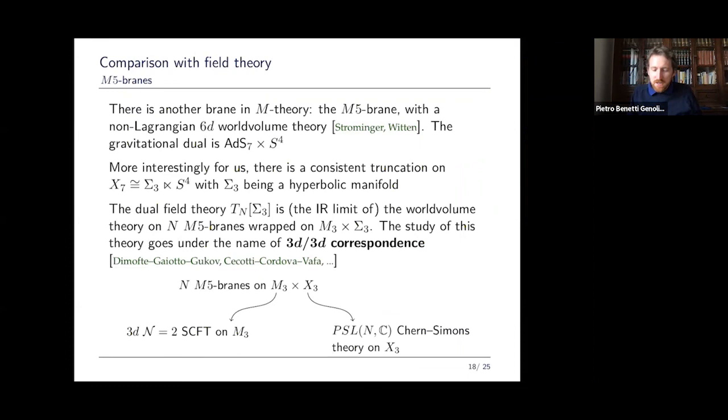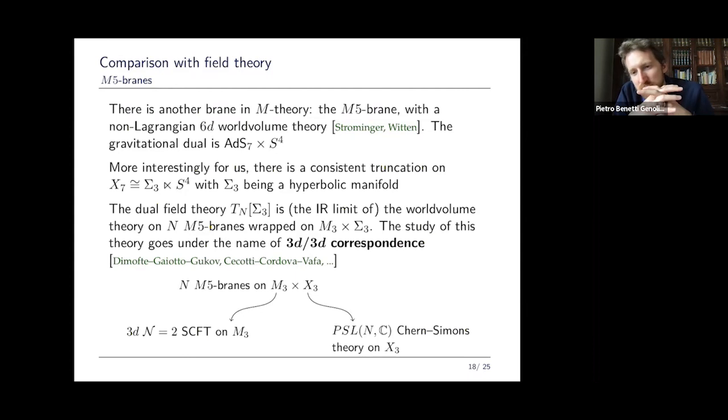So in 3 dimensions, you expect that most theories flow in the infrared, if they were supersymmetric, to strongly coupled supersymmetric conformal field theories. Strongly interacting and non-trivially interacting. Okay.